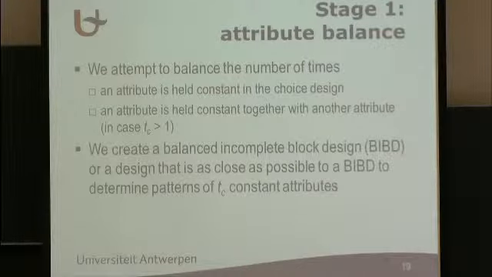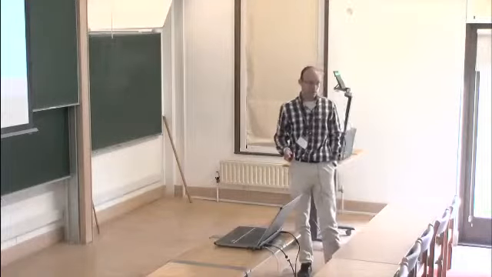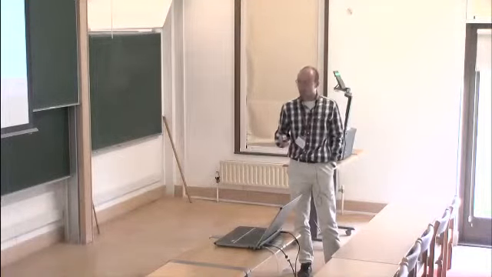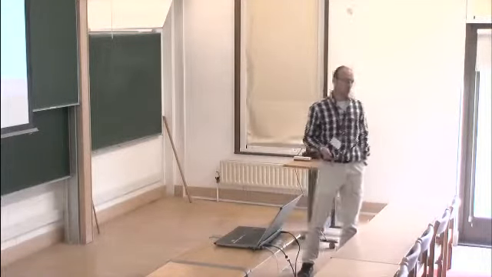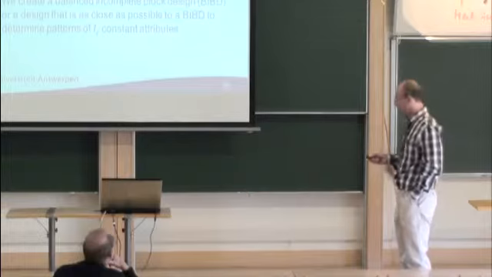Unfortunately, balanced incomplete block designs do not exist for any possible experimental situation. And to cope with that problem, we developed an algorithm that tries to find a design that's as close as possible to a balanced incomplete block design in case none exists. I will not go into the technical details behind this, but you can do this relatively easily with an optimal design algorithm.